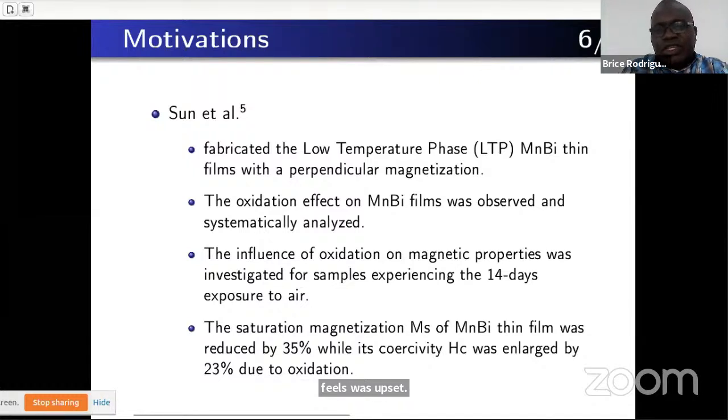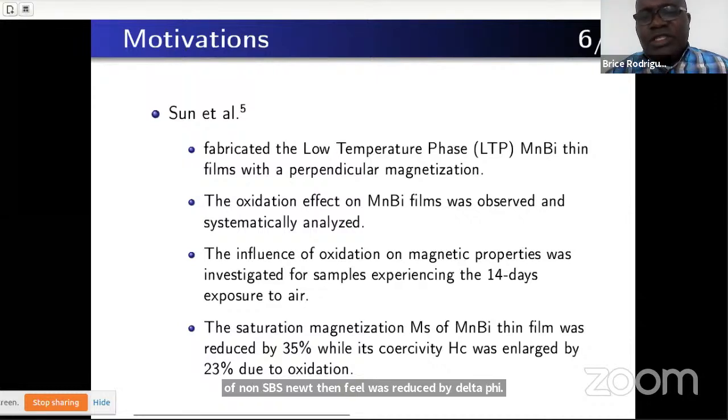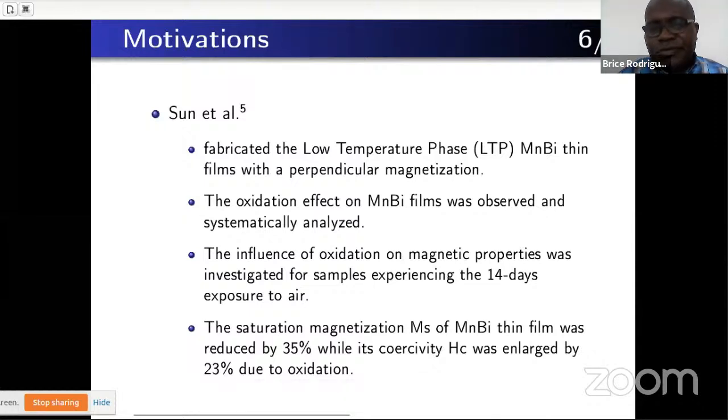The influence of oxidation on magnetic properties was investigated for samples experiencing 19-day exposure to air. The saturation magnetization of manganese bismuth thin film was reduced by 35%, while its coercivity was lost by 23% due to the oxidation.